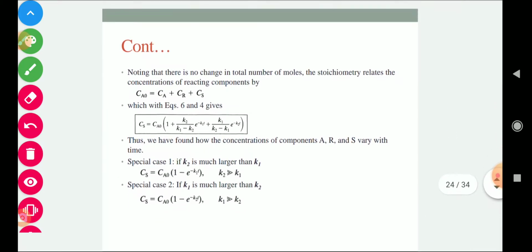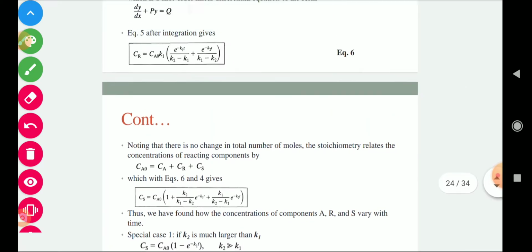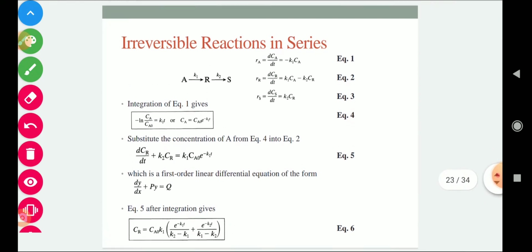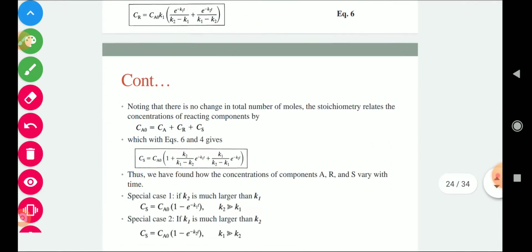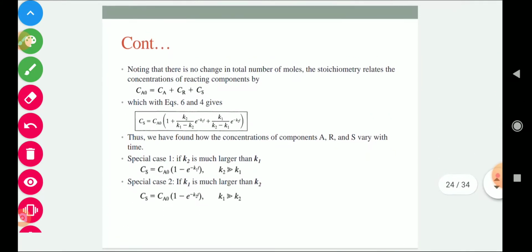Now the total concentration is constant, because 1 mole of A reacts to form 1 mole of R, that again reacts and forms 1 mole of S. So the total number of moles is constant. Initially we have concentration equal to Ca0, so Ca0 will be equal to Ca plus Cr plus Cs.